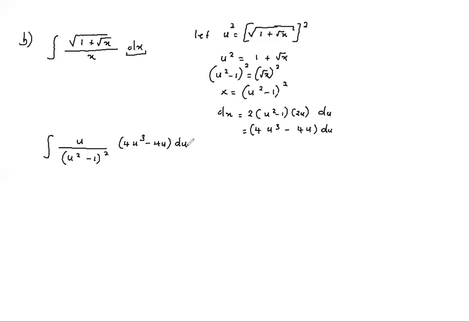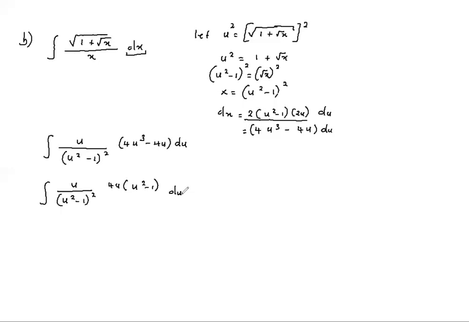Or the best way to write it, since we are looking at the denominator, would be to bring it in an unsimplified manner. So you bring it as 4u, and then u squared minus 1 du.